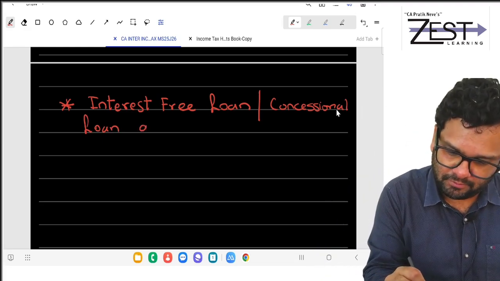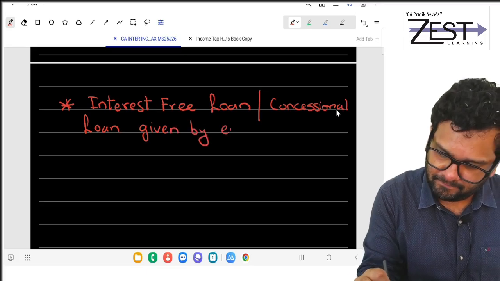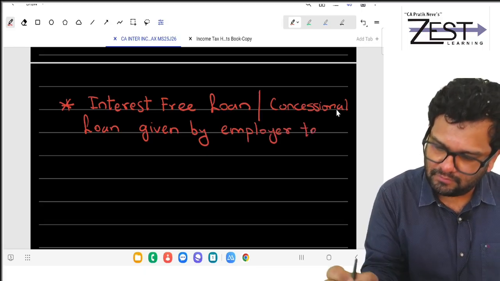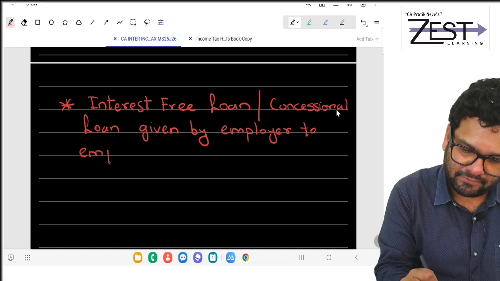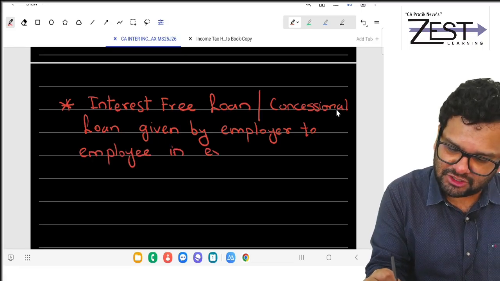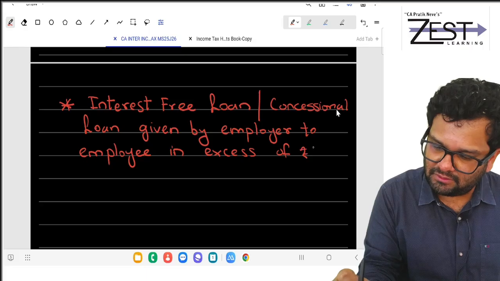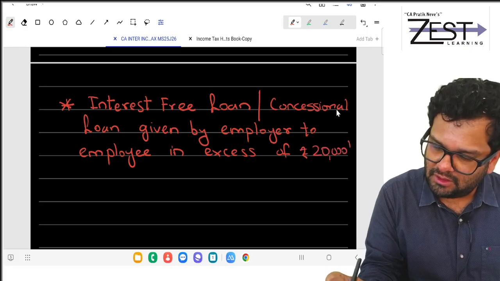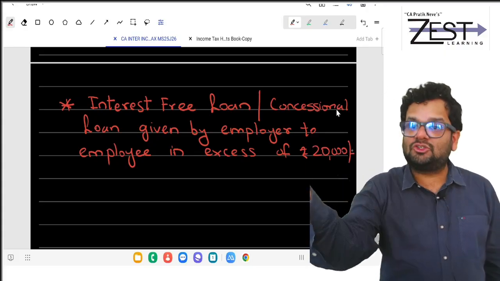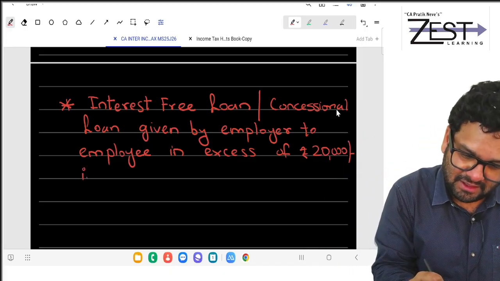Who has given to whom? Given by employer to employee. Just now you have learnt that if it is up to 20,000 it is tax free. So in excess of rupees 20,000 in aggregate.